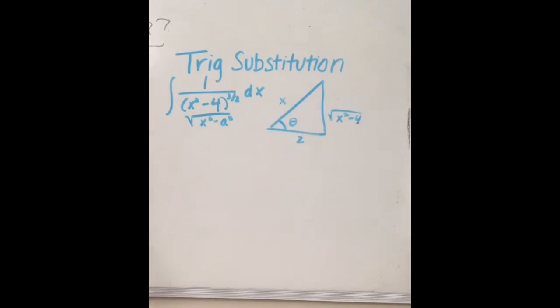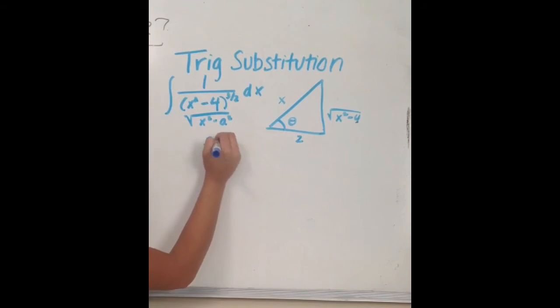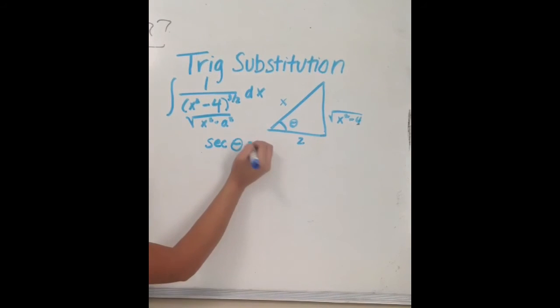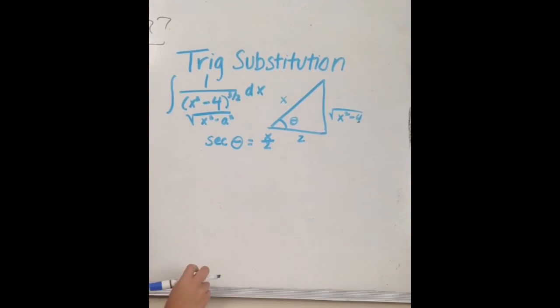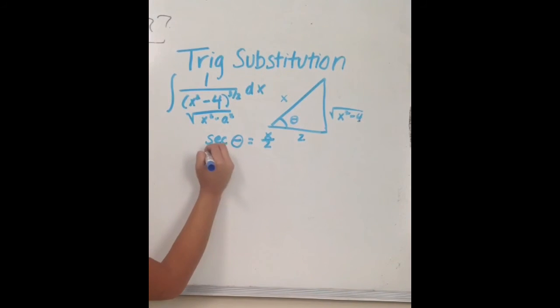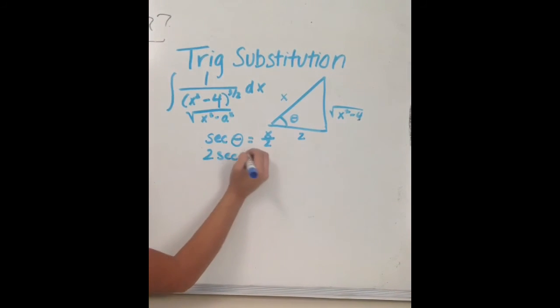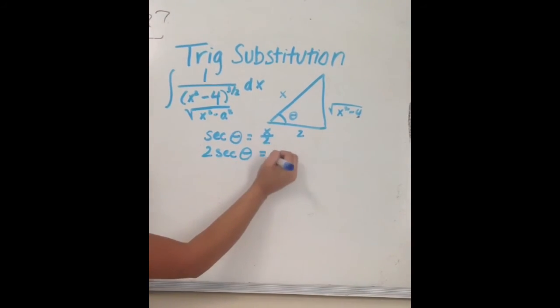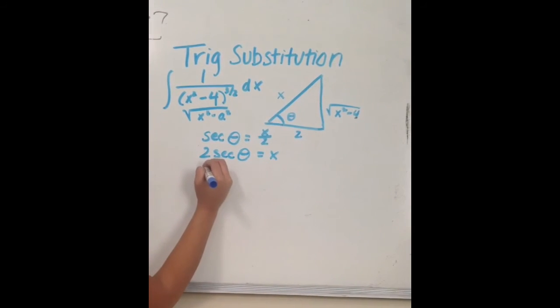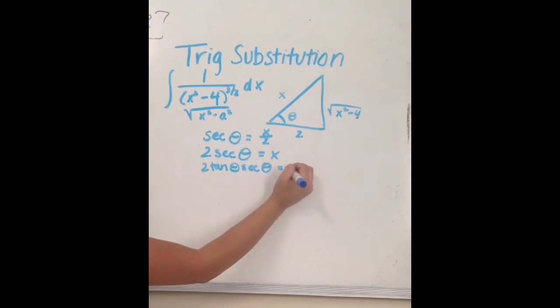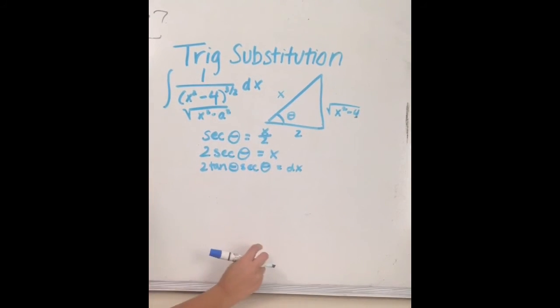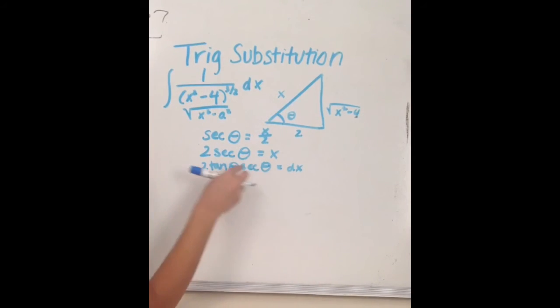This will be theta. So we know that secant of theta is equal to x over 2, and then we can multiply both sides by 2, and then we can take the derivative of both sides. So now we have the replacement for dx in terms of theta.